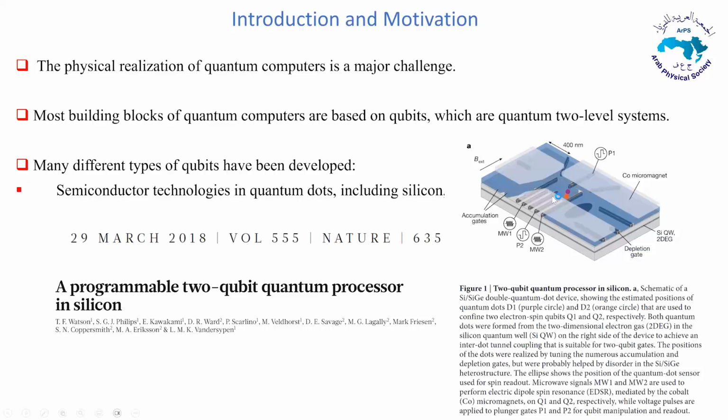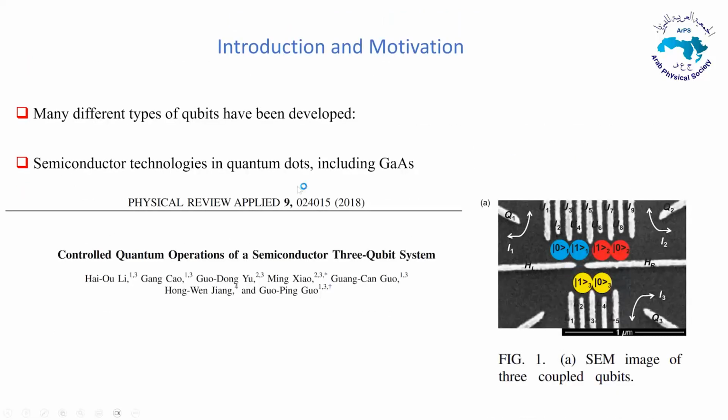Also here, people use quantum dots, including GaAs technology, to realize 3 qubits. You can see the first, second, and third qubits using quantum dots.